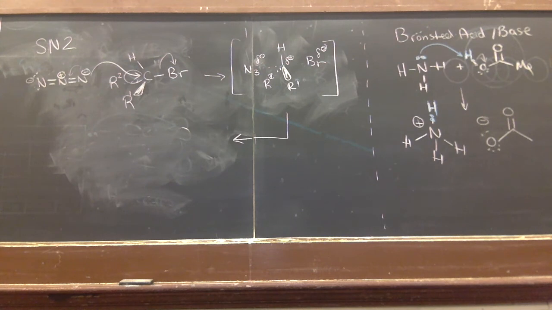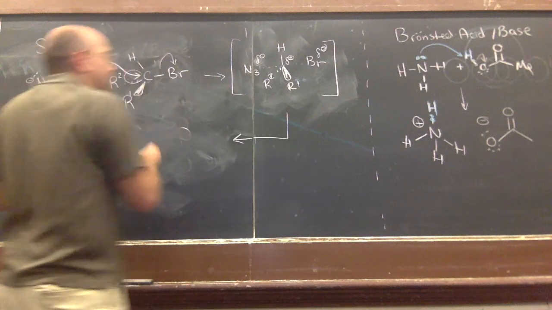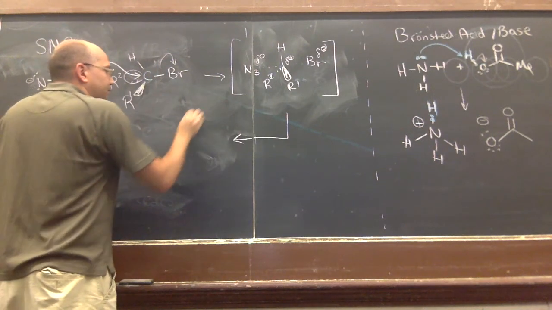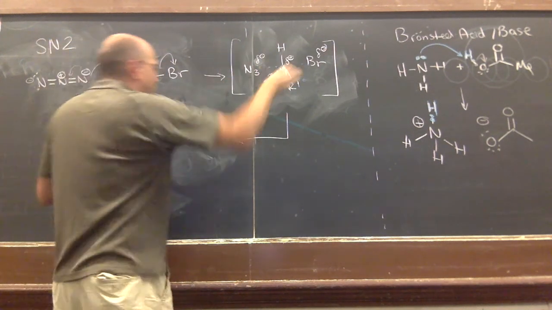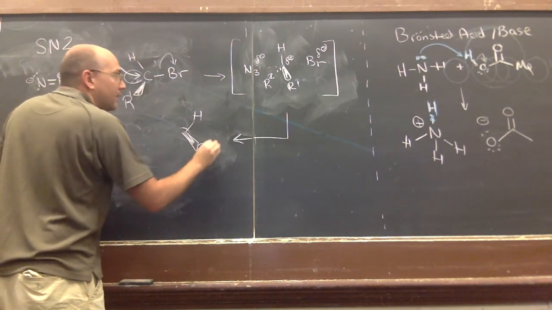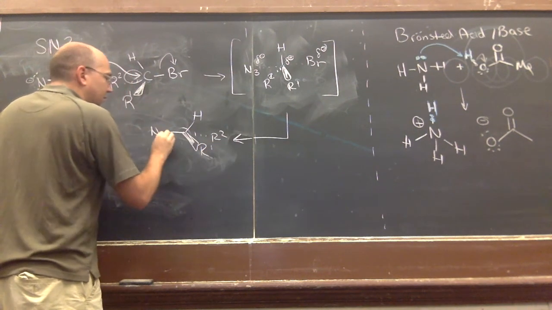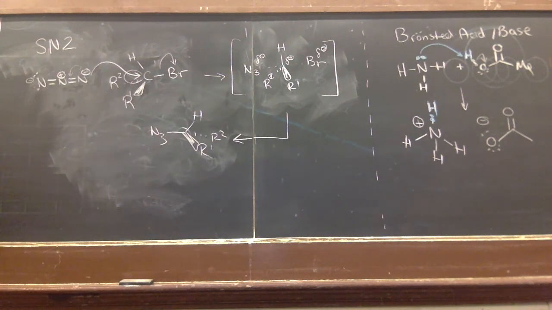But it can go in the reverse direction. It can also go in the forward direction. And when it does, you're going to lose the bromide, and you are going to generate, in this case, your azide. Now, it's often said that in this reaction we are inverting stereochemistry.